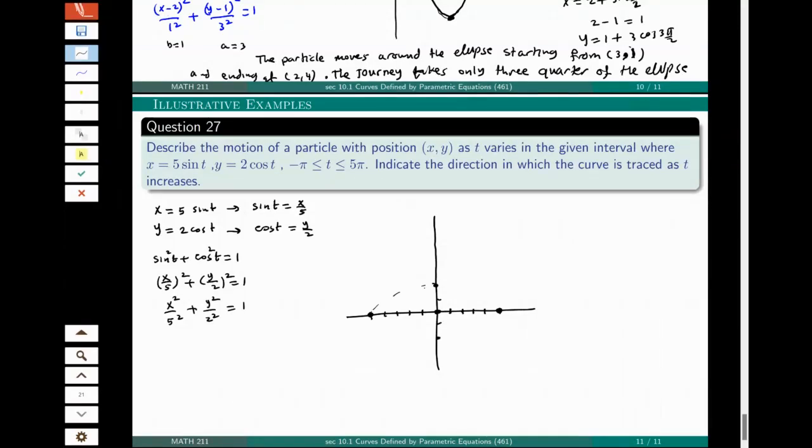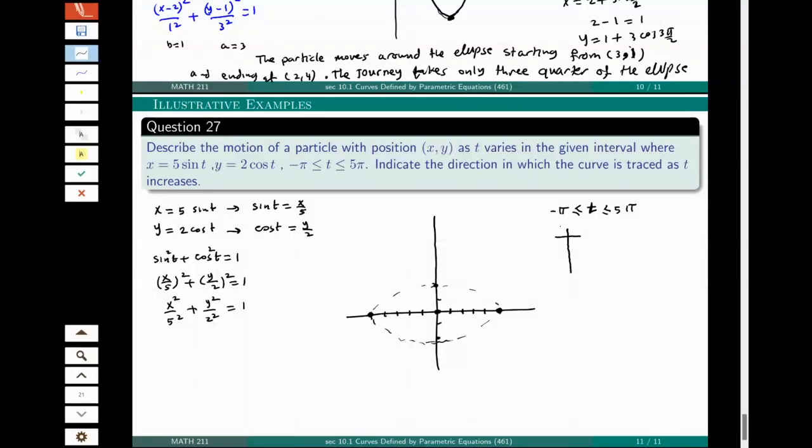But basically, that's the graph in Cartesian system, but we are restricted according to t. It's between minus pi to 5 pi. Okay? Now, that could be more than one cycle. So it will start. First of all, our journey will start at minus pi.